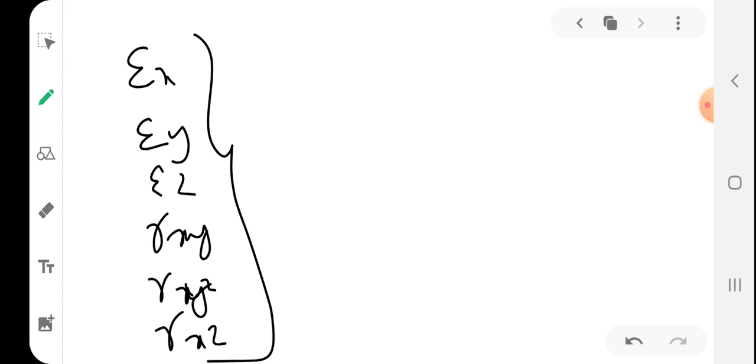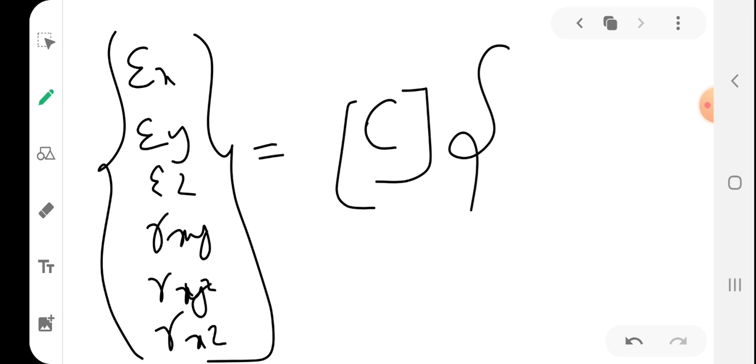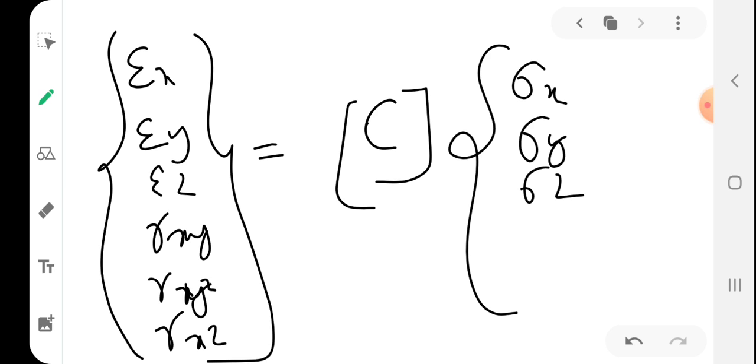So this is the strain matrix equal to compliance matrix or flexibility matrix into sigma matrix, right? Or stress matrix: sigma x, sigma y, sigma z, tau xy, tau yz, tau xz.